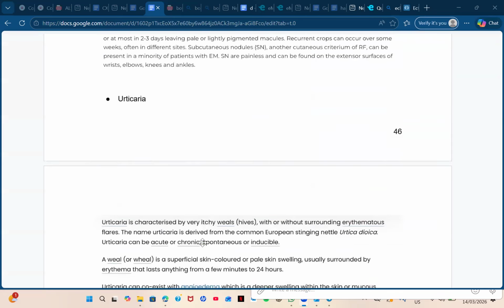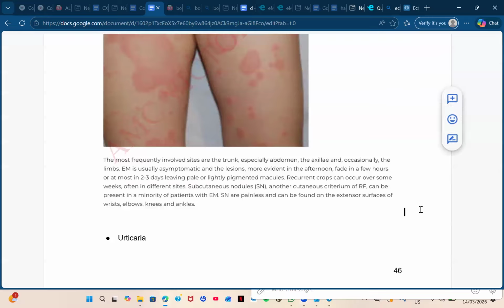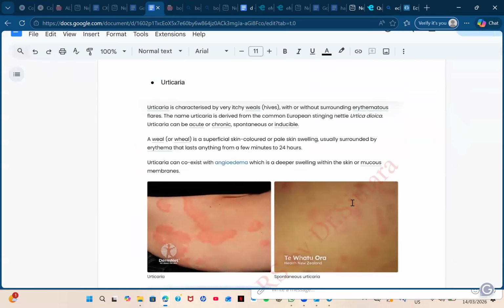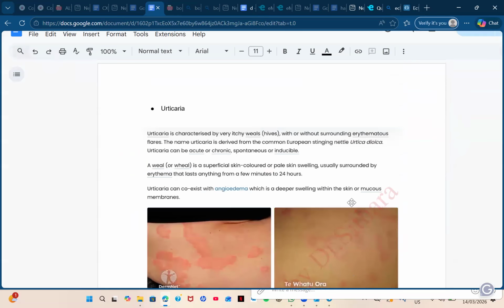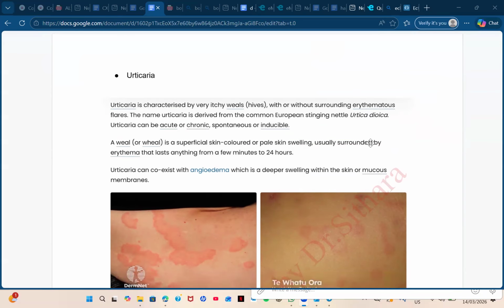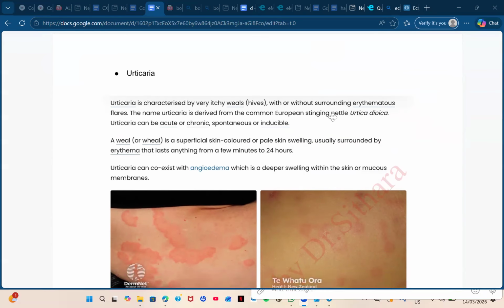Now tell me, what do you know about urticaria? Urticaria is characterized by very itchy wheals, or we call them hives, with or without surrounding erythematous flares. The name urticaria is derived from the Latin word urtica.